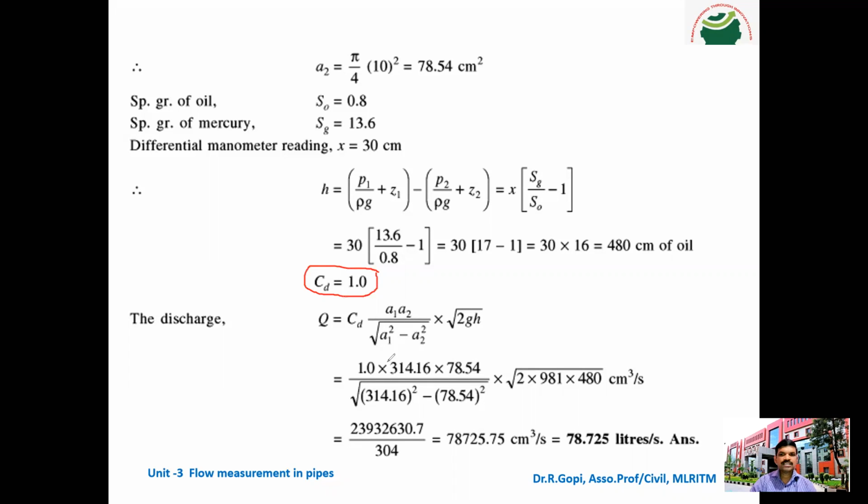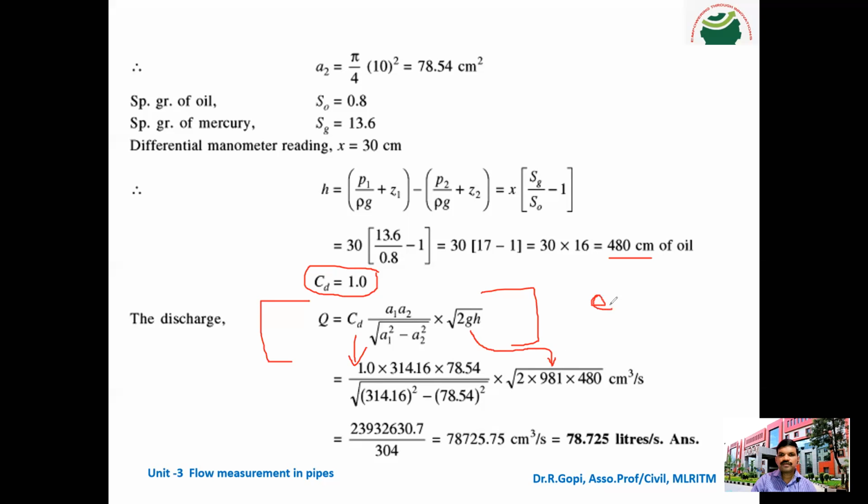Okay, so next, discharge. Discharge Q is equal to, you know the formula, CD into A1 A2 divided by root of A1 square minus A2 square, into root 2 g H. So substitute all the values. The CD value is 1, and A1 and A2 we already found, and the H value is 480 centimeter. Here you can see I put the g value as 981.